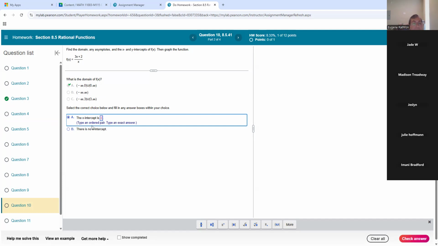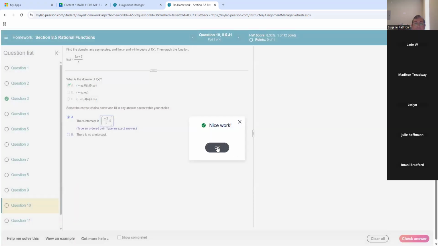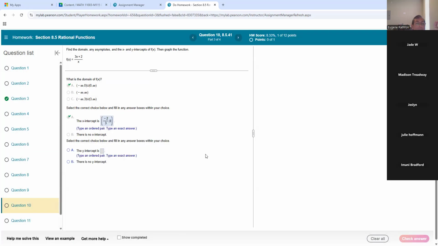When I get a negative 2/3, I'm going to use the fraction, do a -2, and then arrow down and put in my 3. Arrow right, comma, 0, close parentheses. All right, so that's -2/3, 0. So check that. The y-intercept, remember, y'all said there was no y-intercept, so we would choose B, no y-intercept.